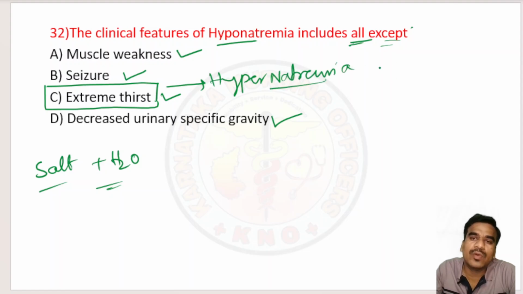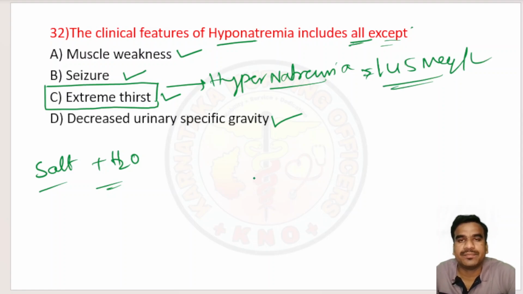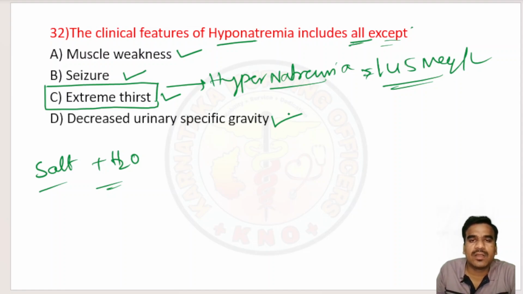The normal sodium level is 140 to 145 mEq per liter. That is the normal range. If it is less than 140, we call it hyponatremia. If it is more than 145, that is hypernatremia.